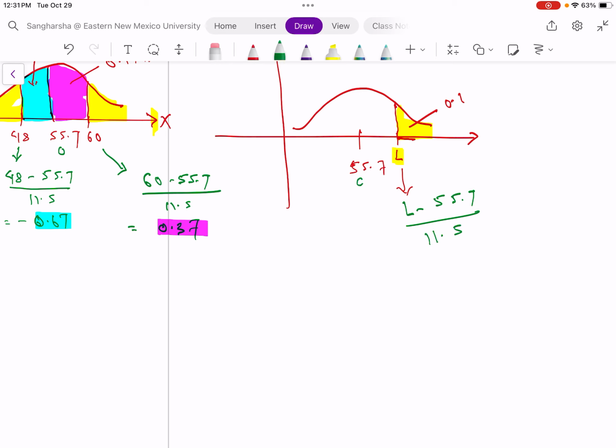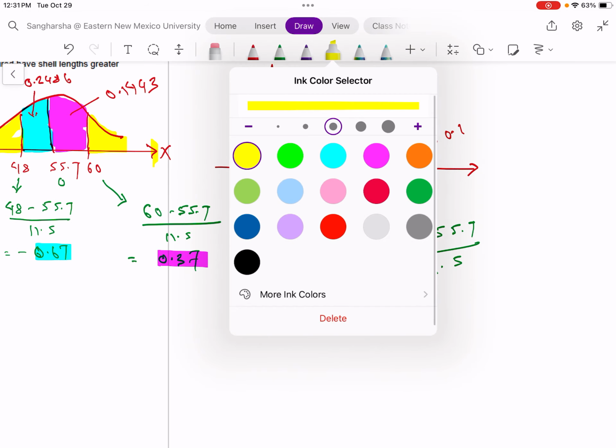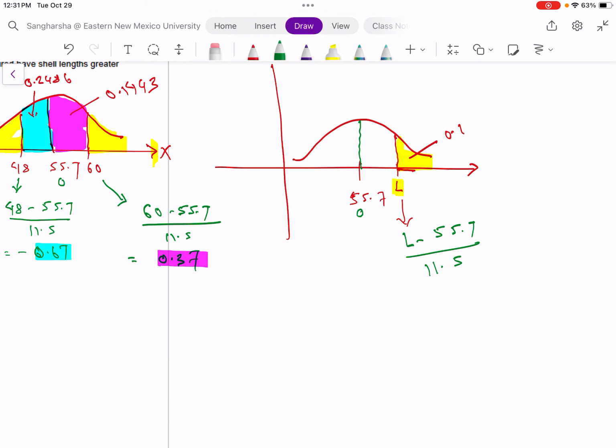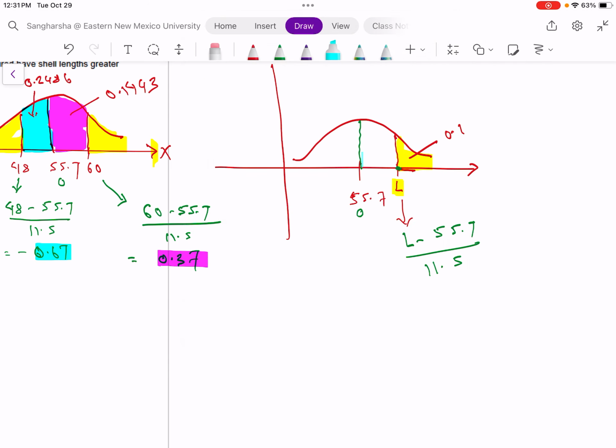Now our target is finding the G value for this point using a G table, and in order to find that, we should know the area of this region. How do we find the area of this region? Yes, this is 0.5 minus this yellow region, which is 0.4.